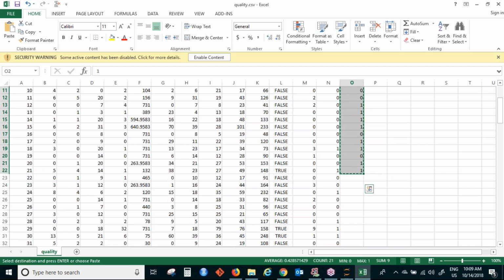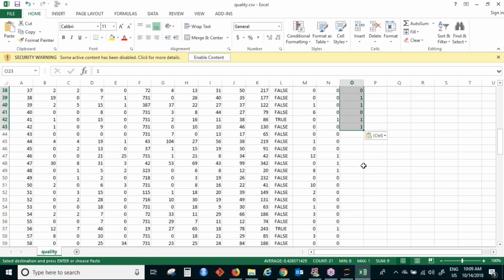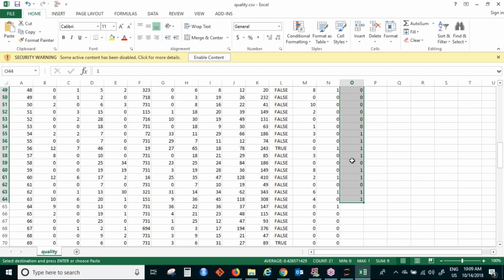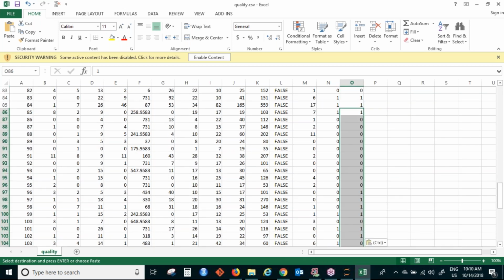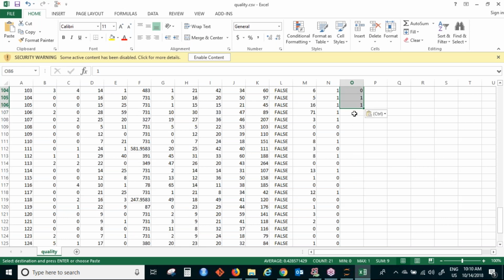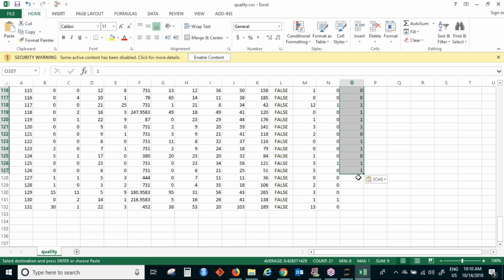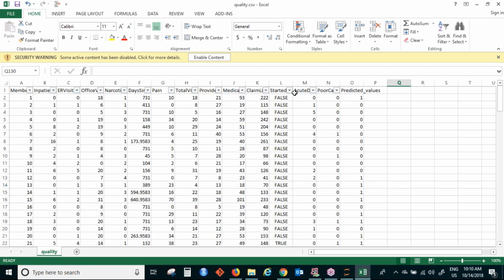Let me just paste it once again so that I have filled all the rows. Okay, so I have filled all the rows. So I have my actuals, and I have my predicted values.